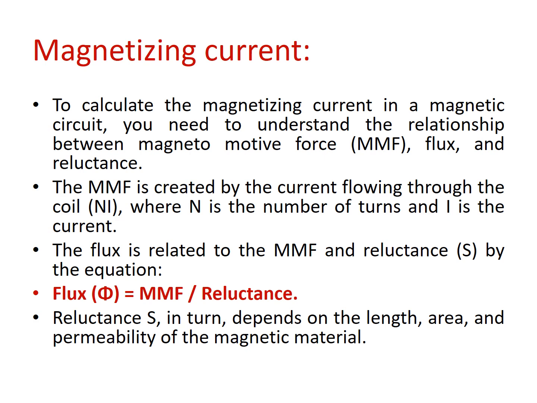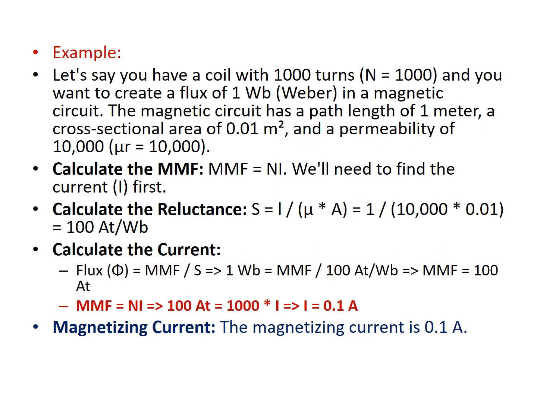You know that formula, N into I, where N is the number of turns and I is the current. The flux is related to the MMF and the reluctance S by the equation. You know that flux phi is equal to MMF upon reluctance. This equation is somewhat similar to current is equal to EMF upon resistance. Reluctance S in turn depends on the length, area and the permeability of the magnetic material.